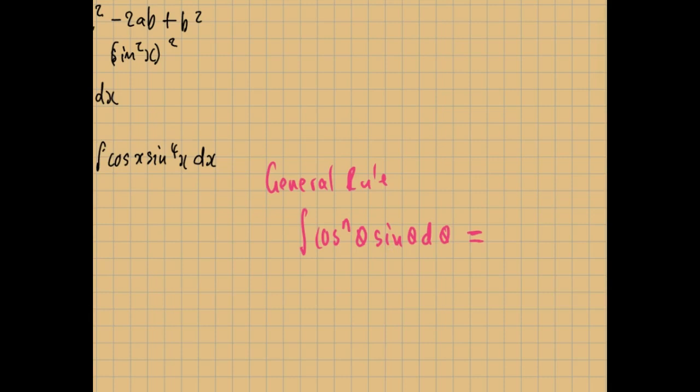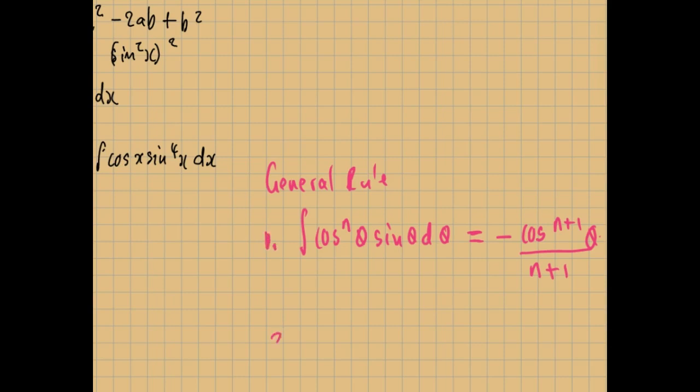So I'm going to get negative cos to the power of n plus 1 of theta, divided by n plus 1, and you add the constant of integration c. That's for 1.